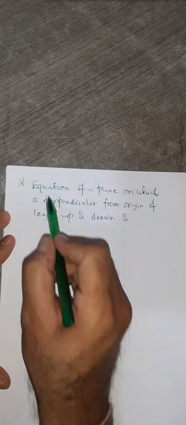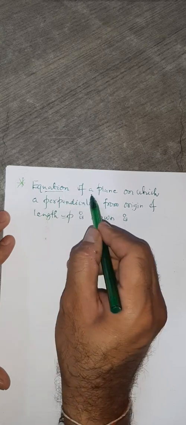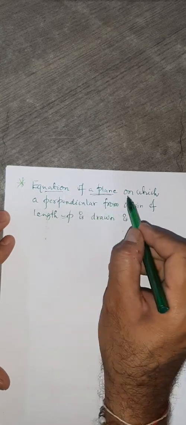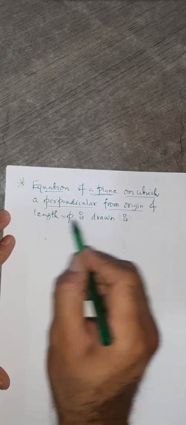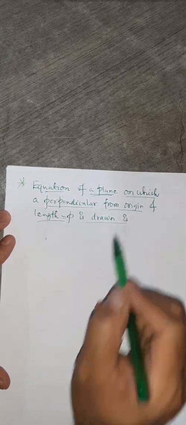This is what we want to write. What we want to write? Equation of a plane on which a perpendicular from origin of the length p is drawn.